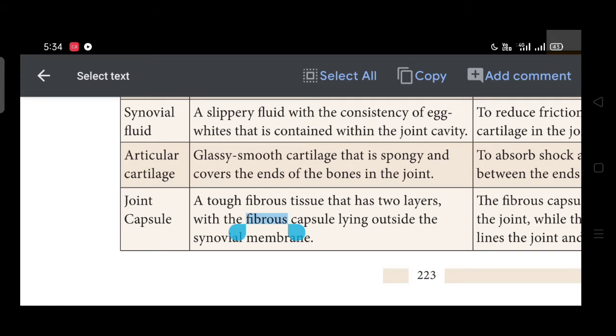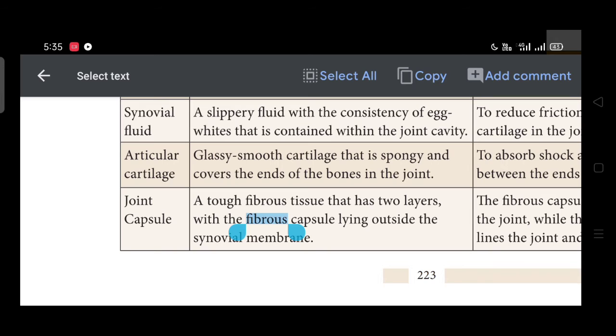In cartilage the cells are loosely arranged, so it has flexibility. In cartilage tissue the cells are arranged loosely, so it gives a spongy, flexible structure to the bone.